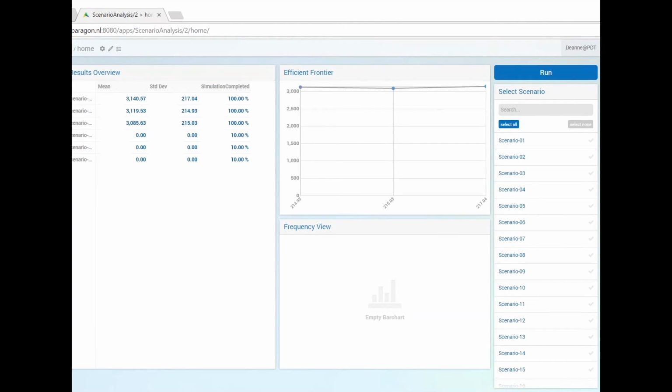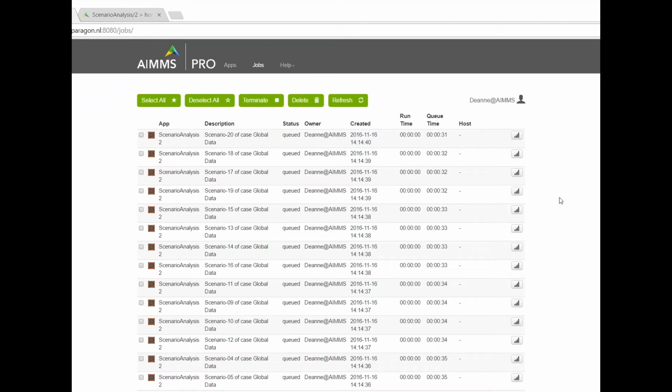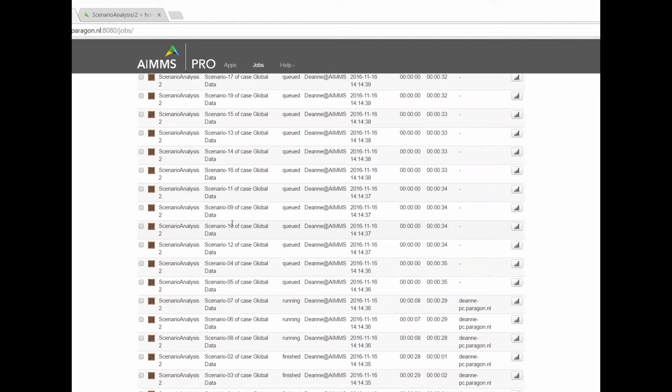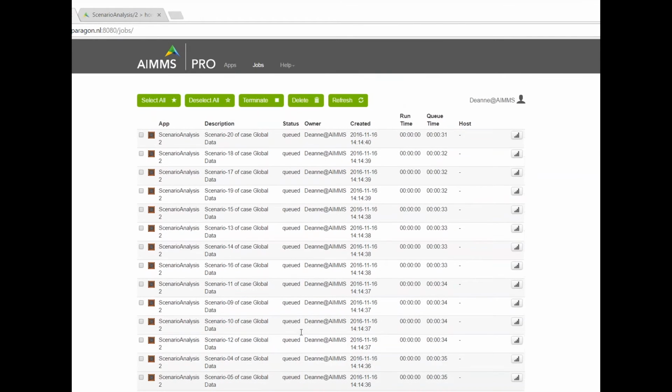If I go back to my server and see all the jobs currently running, you can see all 20 scenarios are dispatched to AIMMS PRO, and 3 are running at the same time. Those not currently running are queued, and once each scenario is finished, the next one will be picked up automatically.